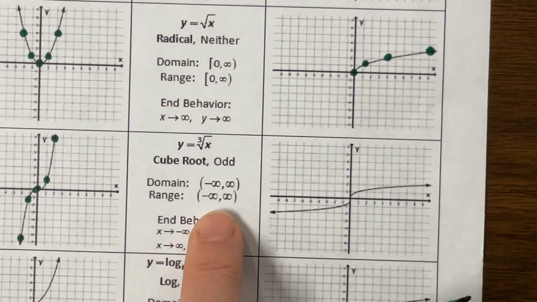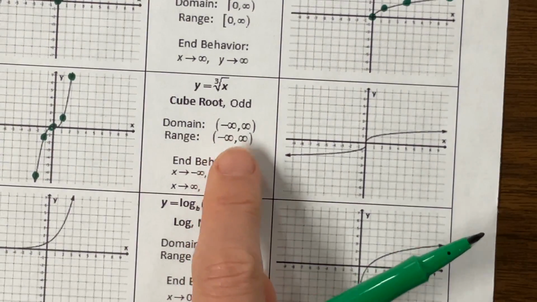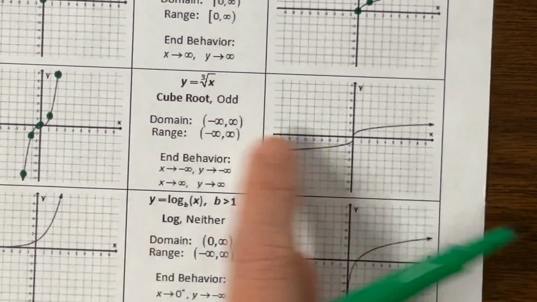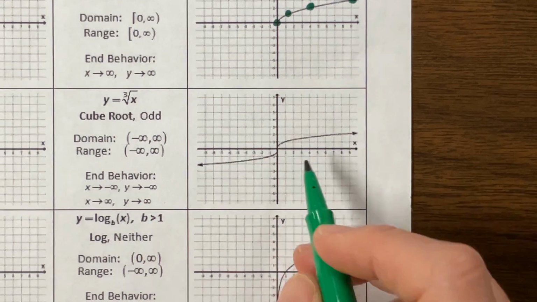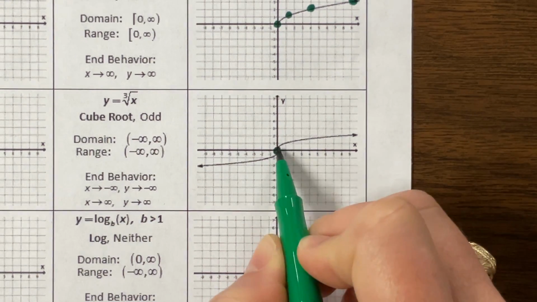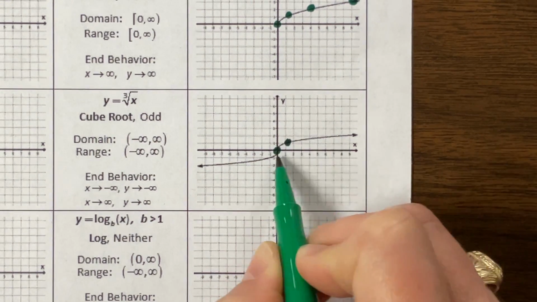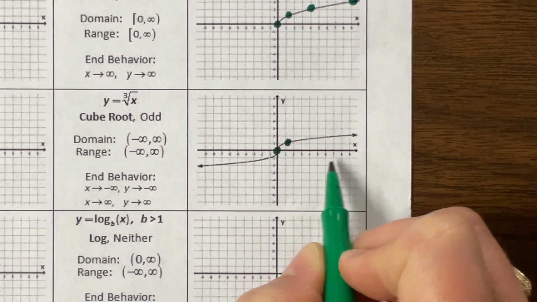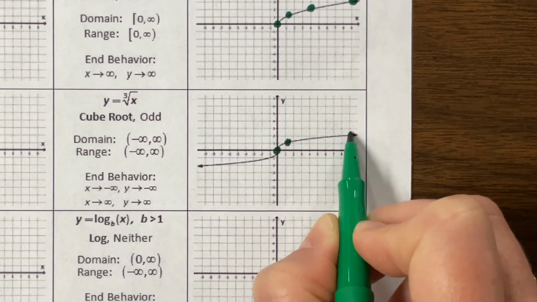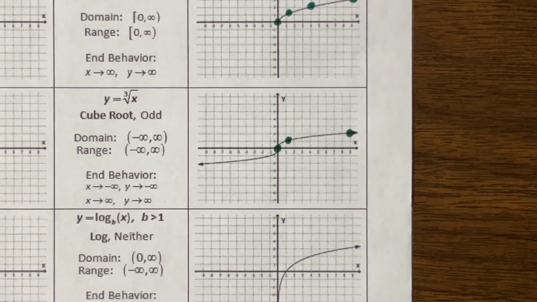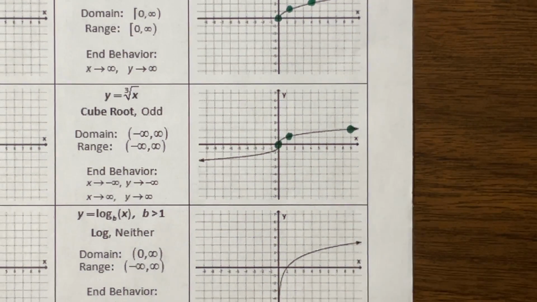Okay, now the cube root is the inverse of the cube. But what happens here, we've got 0, 0, we've got 1, 1, and now we have a positive 8. Is that here? Positive 2, I think so. Pretend, let's go with that. Because the cube root of 8 is equal to 2.